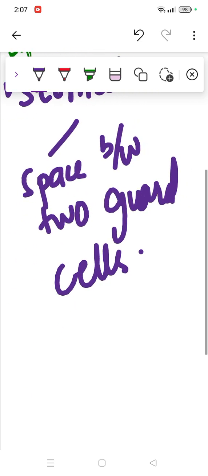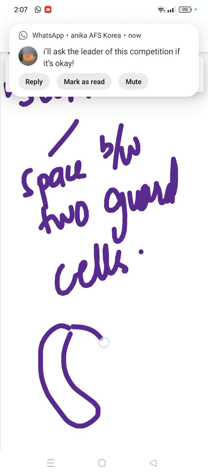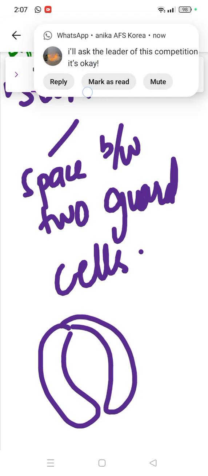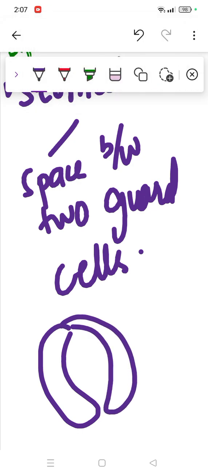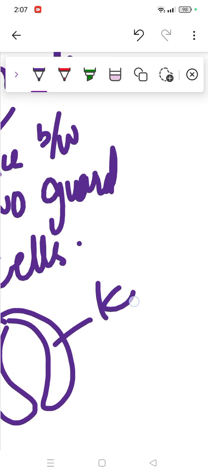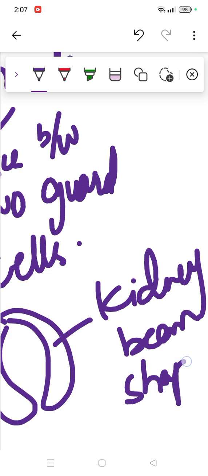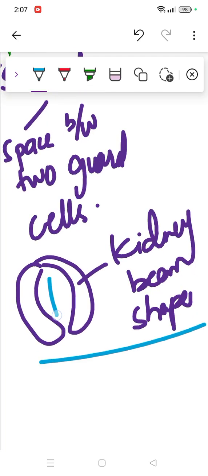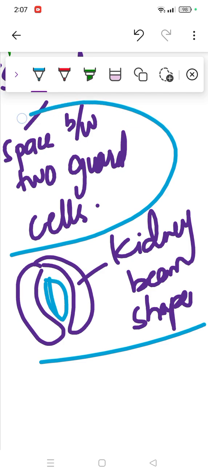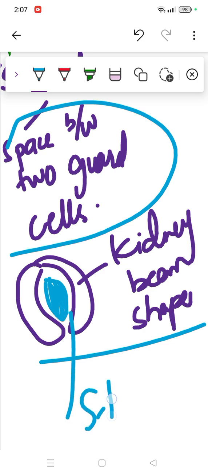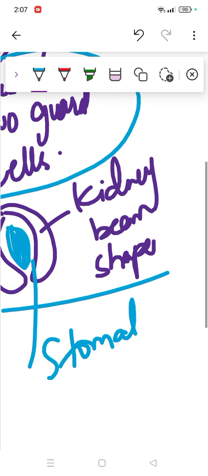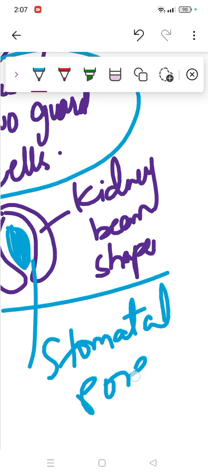This space forms a pore, and this pore is termed the stomatal pore, and these are the guard cells.